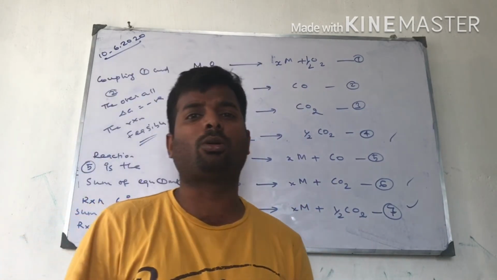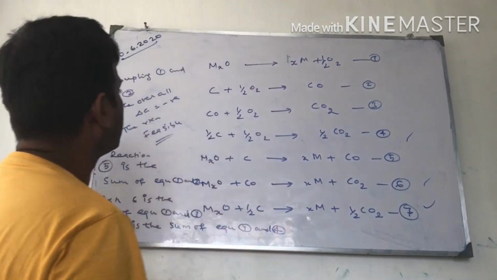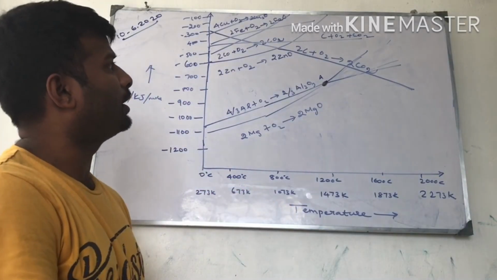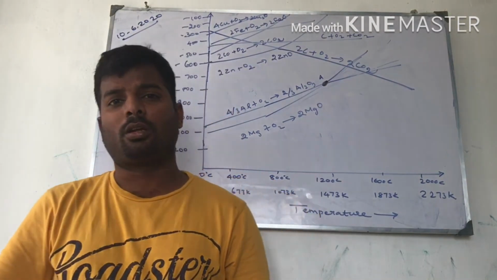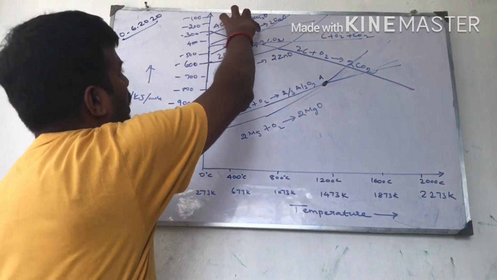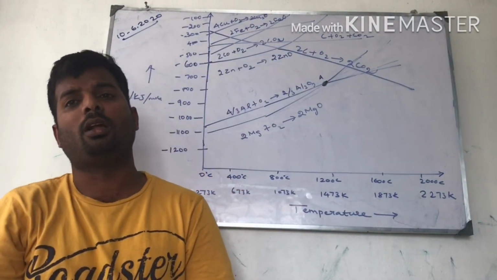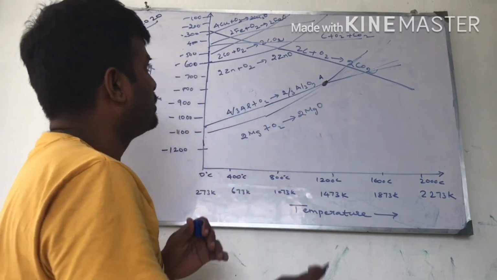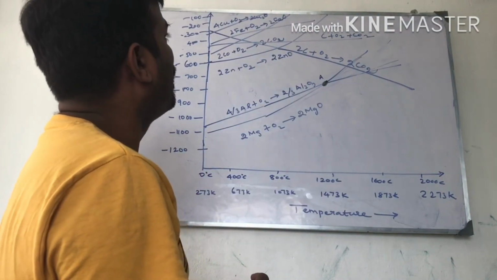Now I am going to draw the Ellingham diagram to explain the equations. This is the Ellingham diagram for various metal oxides converted into metal using suitable reducing agents like carbon and carbon monoxide. At the top of the diagram, the metal oxides are easily reduced to metal because they are highly unstable. Therefore, they easily reduce.